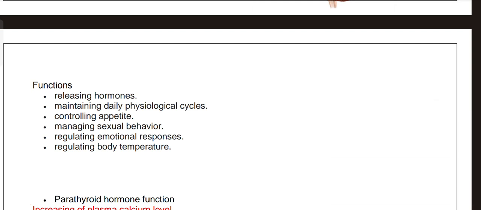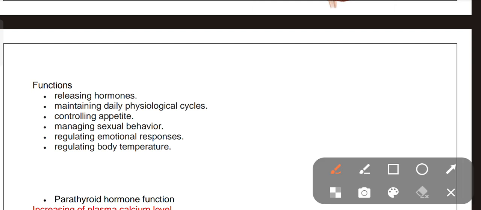We will see some of the functions of the hypothalamus. The first function is that the hypothalamus is responsible for the releasing of hormones. In our body there are different types of glands which produce different hormones, and all these hormones are regulated and maintained by the hypothalamus.